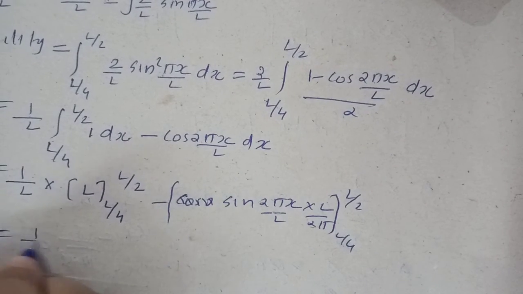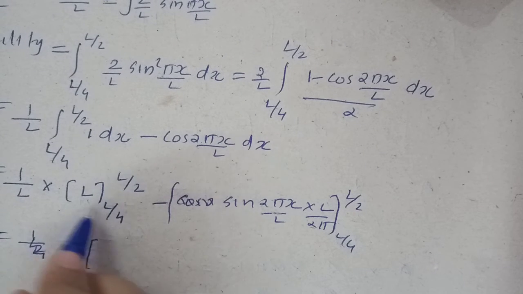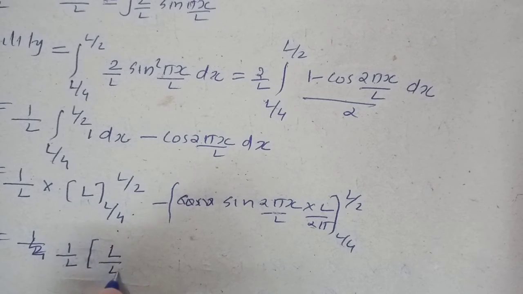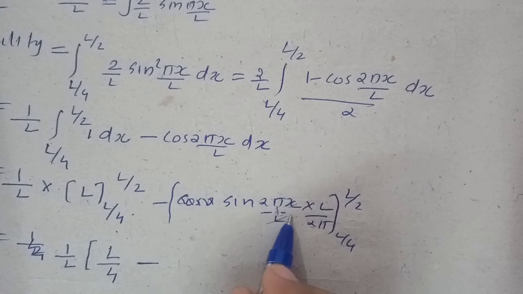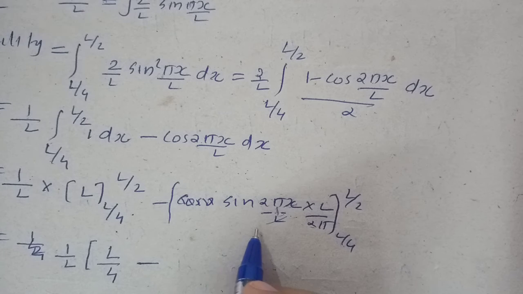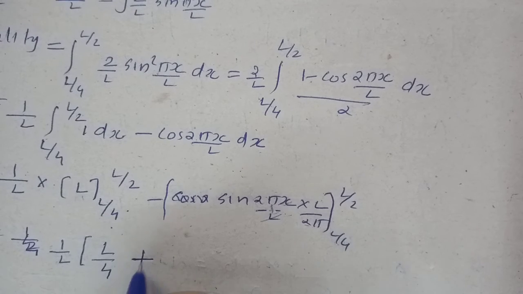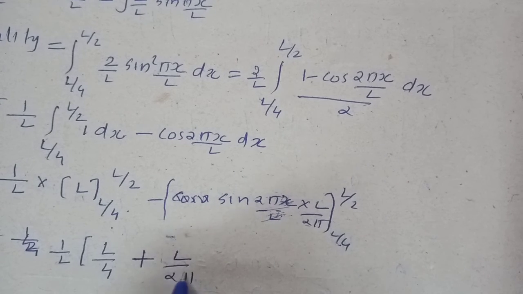So this is 1/L into (L/2 minus L/4), upper limit minus lower limit, that is L/4, minus: when we substitute L/2, we get sin pi, which is 0, so 0 minus means plus; when we substitute L/4, the L cancels and we get sin(pi/2), so we get L by 2 pi.